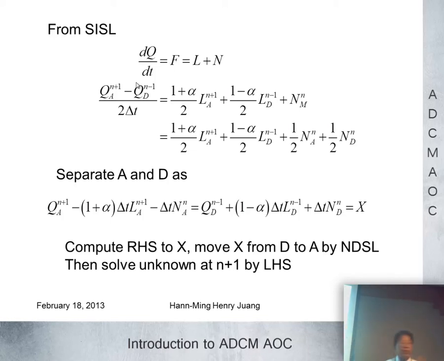In order to save your direction, because you have to move all the values to the same point in order to calculate, I also spread the midpoint forcing into the arrival point and the departure point. So I spread all the terms into that side, arrival point, and this part, departure point, and put everything into x. What I do is very easy. I just adapt x by NDSL. After the NDSL, we can solve the n plus 1 value at the arrival point.